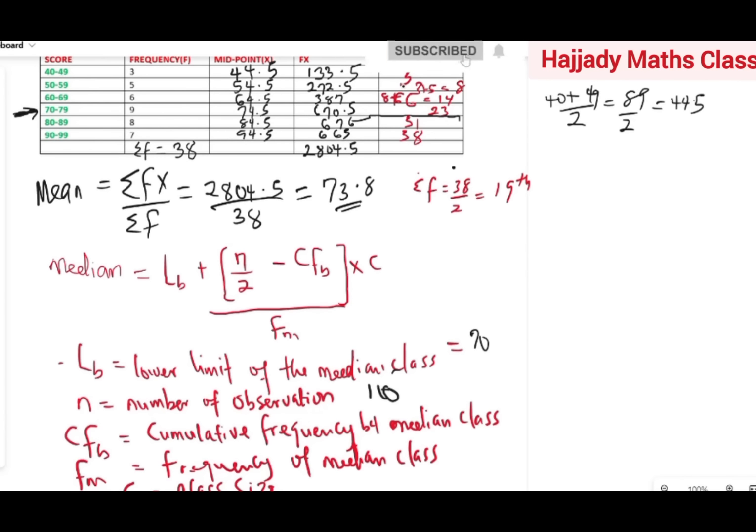And the cumulative frequency before the median class. Since this is our median class, so the cumulative frequency before it is what? 14. Okay, that is our cumulative frequency before it. We have it to be what? 14.